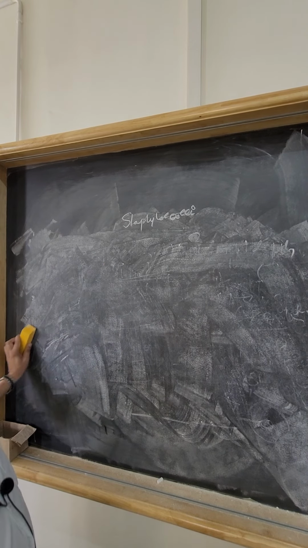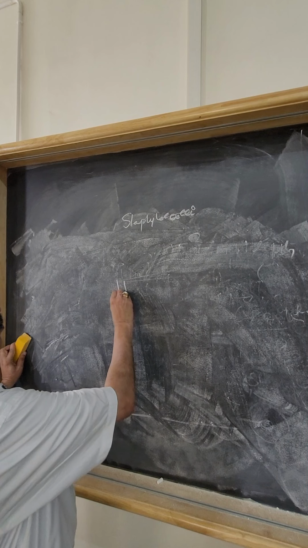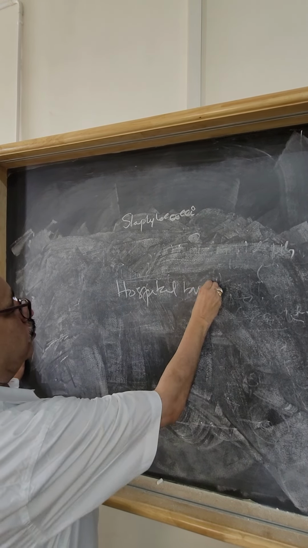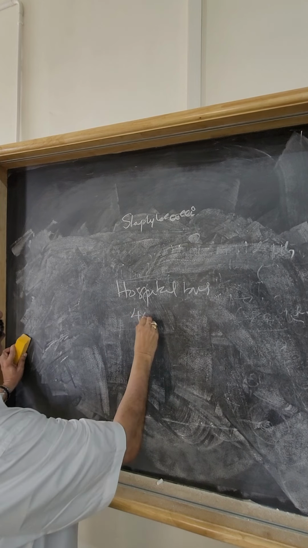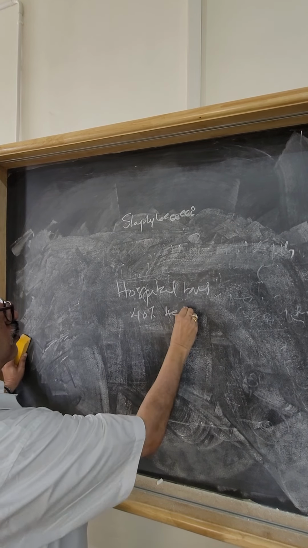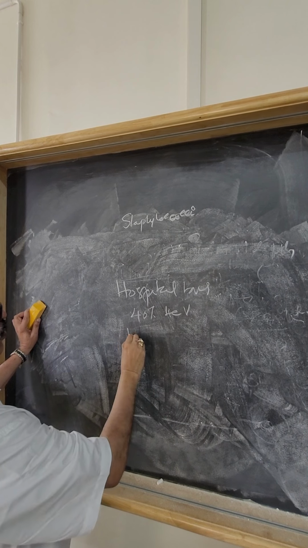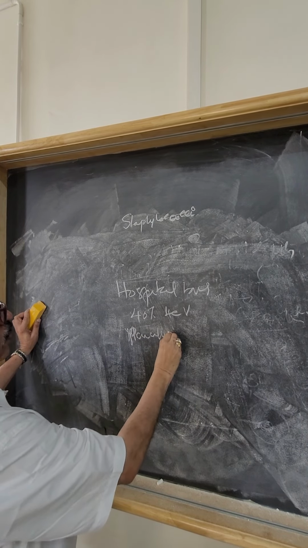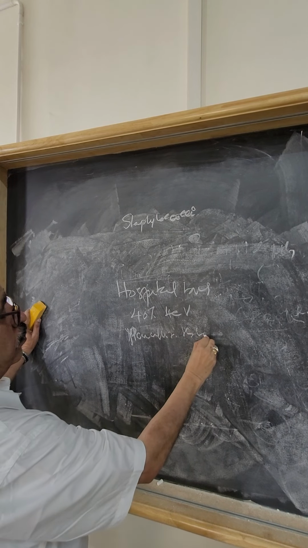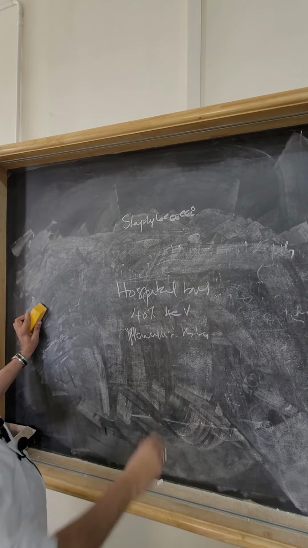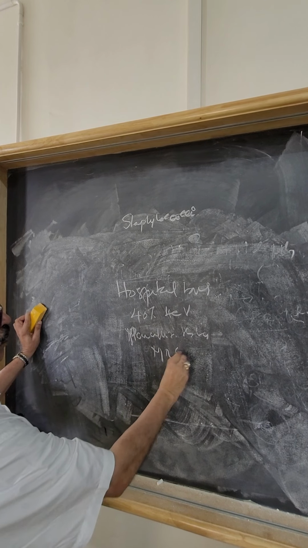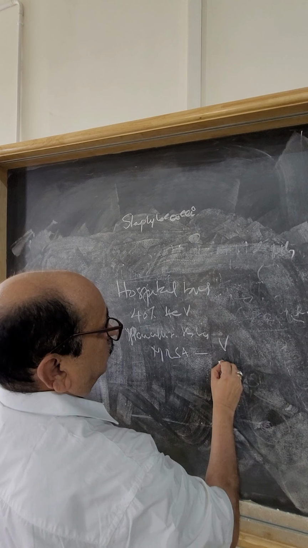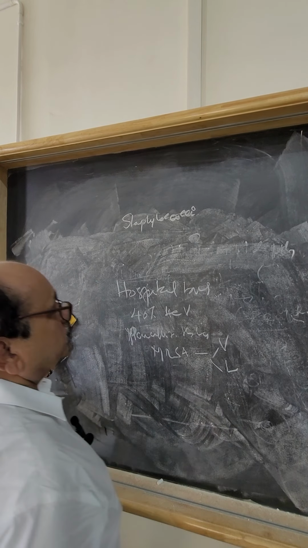Important thing, staph is a hospital bug. Carriage is 40% in healthcare workers, and it has become penicillin resistant, and there is MRSA, methicillin-resistant Staphylococcus aureus, treated with vancomycin and linezolid.